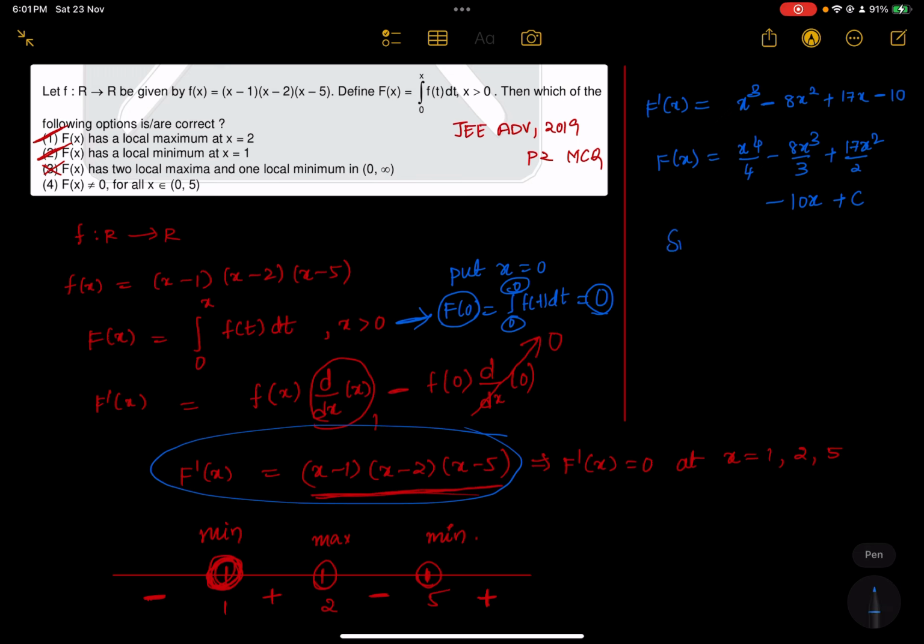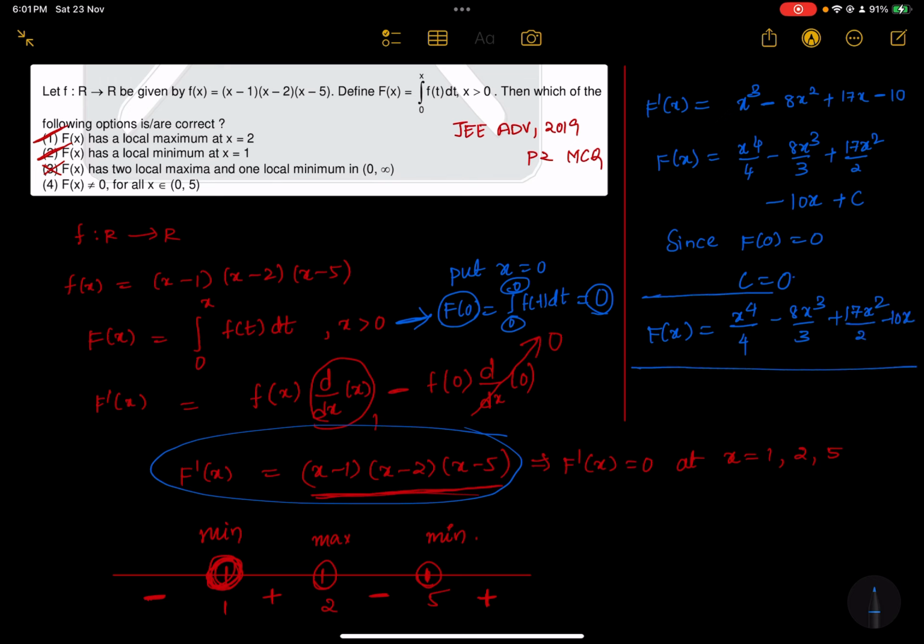Since F of 0 is equal to 0, c is equal to 0. Therefore F of x is equal to x to the power 4 by 4 minus 8x cubed by 3 plus 17x squared by 2 minus 10x. So this is F of x.